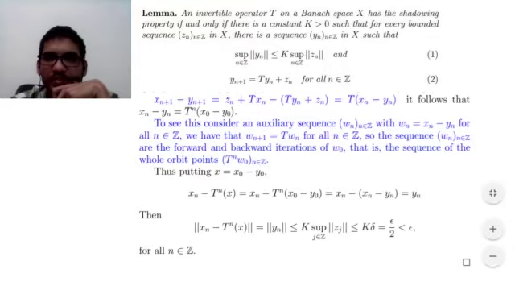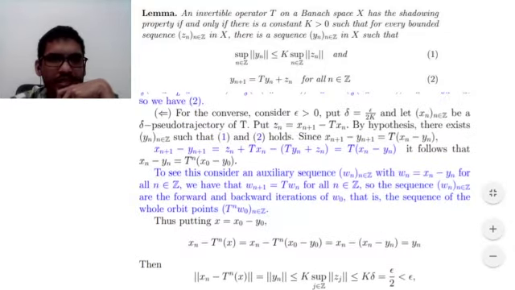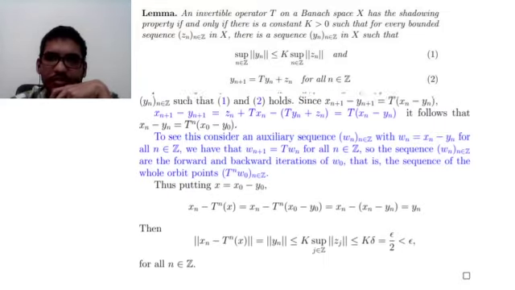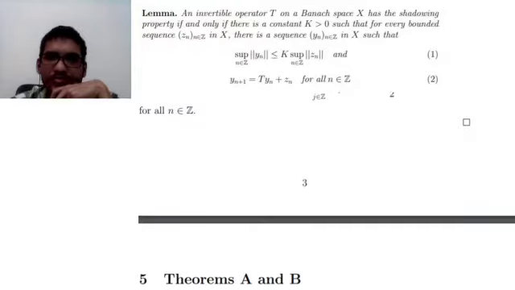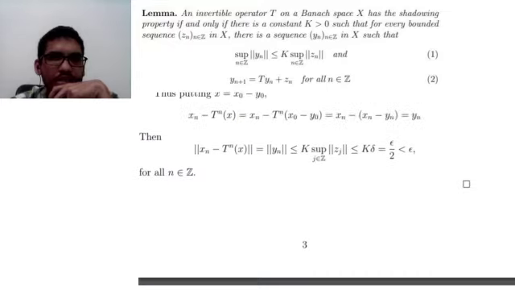Remember, let me show you. Remember the definition of Cn, okay? The norm of this is less than delta. So you have here, oh sorry, here.